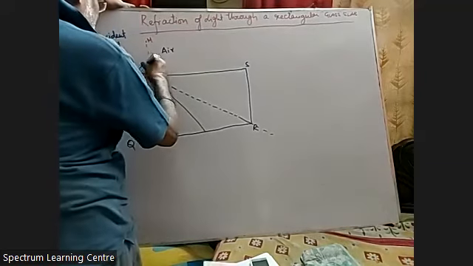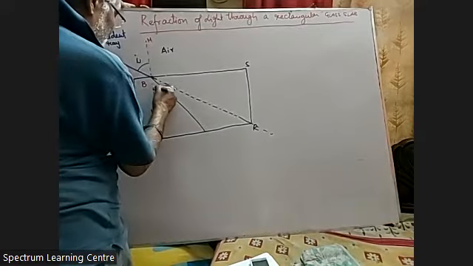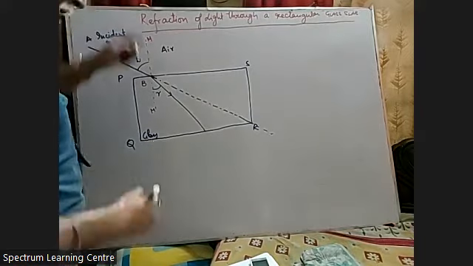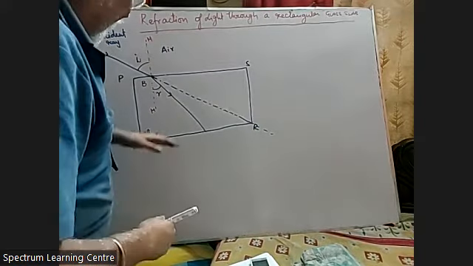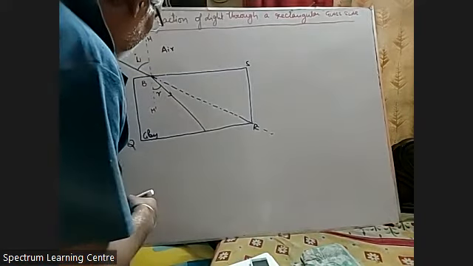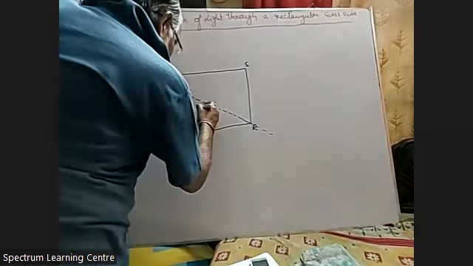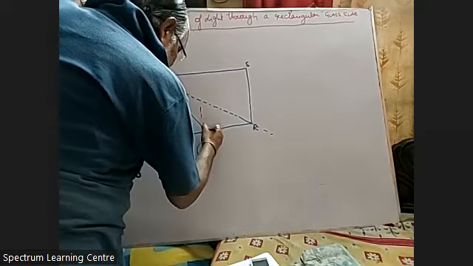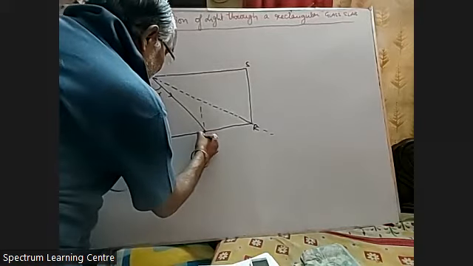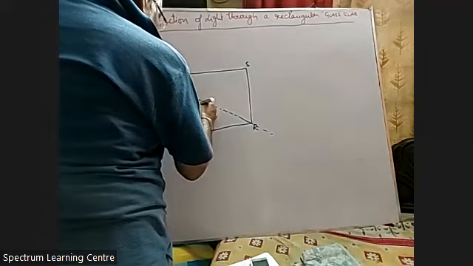Now, this is your angle of incidence. This is your angle of refraction, right? Now it is again hitting the face QR of the glass slab. So I have to draw again a normal here. Say this is hitting at point C and I have taken MM dash, so I'll take NN dash.